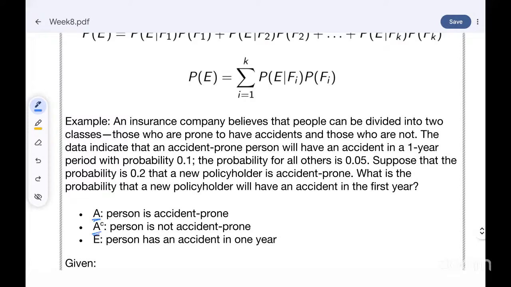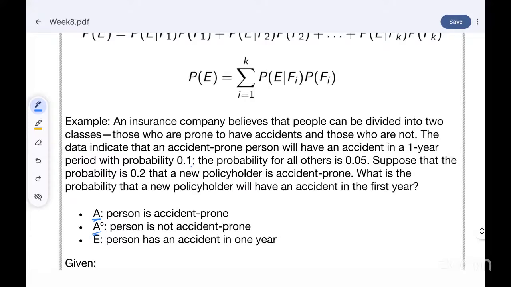Now the data indicate that an accident prone person will have an accident within a period of 1 year. Okay. So within a 1 year period with the probability 0.1. So if there is a person who is accident prone, the probability that he will have an accident within 1 year is 0.1.